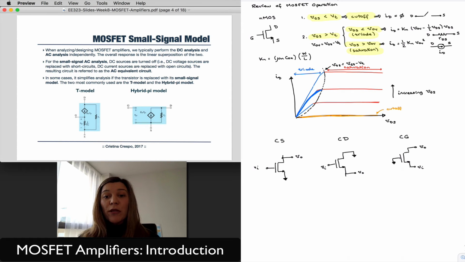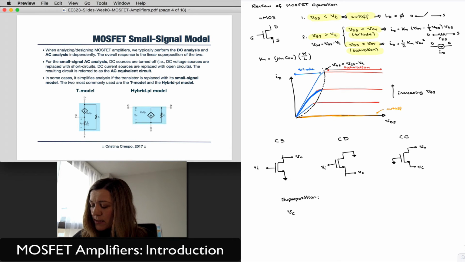Then we apply superposition by saying the overall response of the amplifier, the overall output signal, is equal to the response to the DC stimuli plus the response to the AC stimuli. So basically we are representing all our signals based on their instantaneous values or overall values at any point in time.